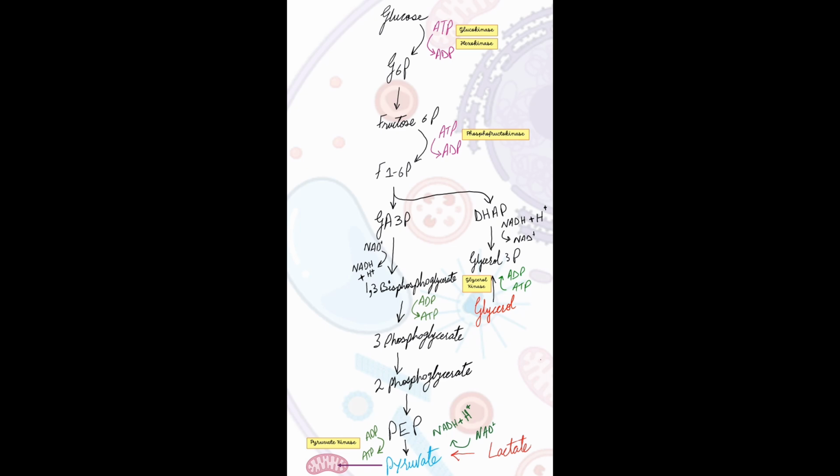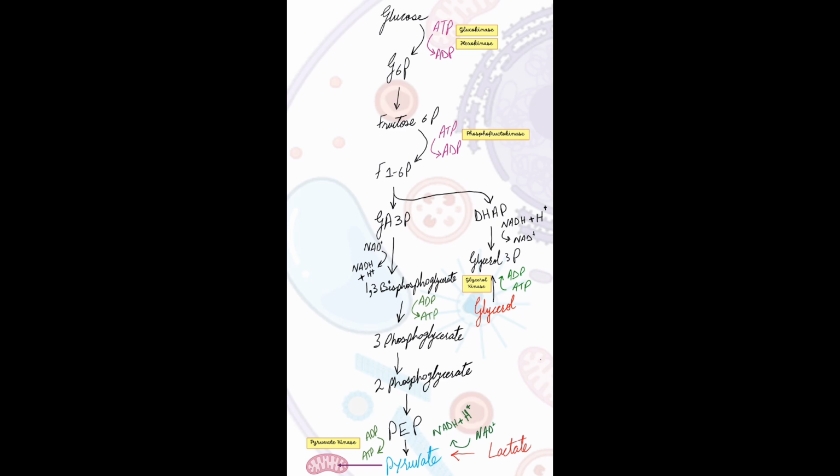PEP has importance, which I will discuss later, in gluconeogenesis, where pyruvate takes a shunt through the mitochondria and gets back to PEP. Once PEP is converted into pyruvate, there will be an ATP generation here.